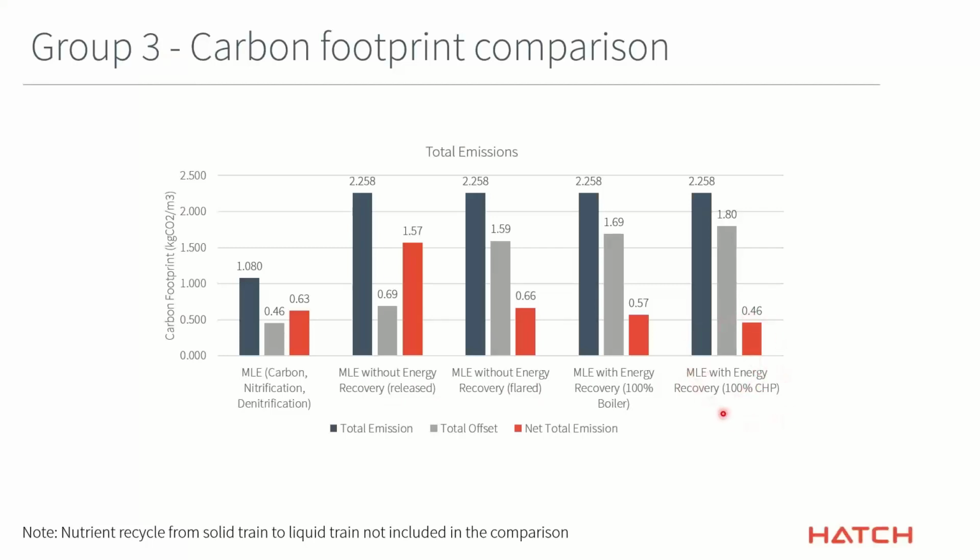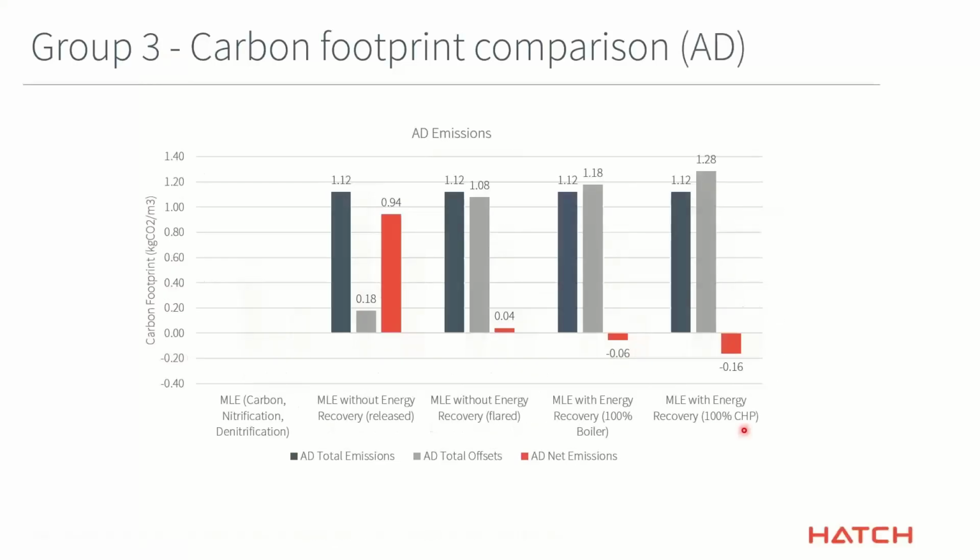So in this case, when we are passing it through the CHP, we have the lowest footprint. And the reason is basically we have some additional carbon credit for the electricity production there. So our anaerobic digester process itself becomes almost like carbon neutral. So those are some of the reasons that we see for this particular phenomenon.